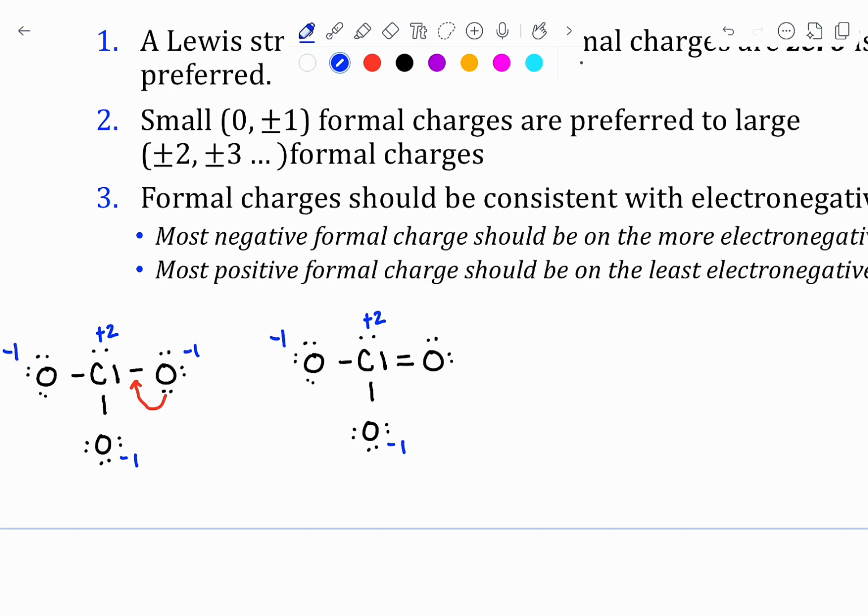Okay, so it actually changes the one of the oxygen and the chlorine. So if we were to recalculate this oxygen, it's still a 6 valence, but now it has 4 electrons in lone pairs and 4 electrons in bonds. So if I take those 4 bonded electrons divided by 2, I'm going to get a formal charge of 0. Okay, so this oxygen now has a formal charge of 0. That is more preferred than it having a formal charge of -1.